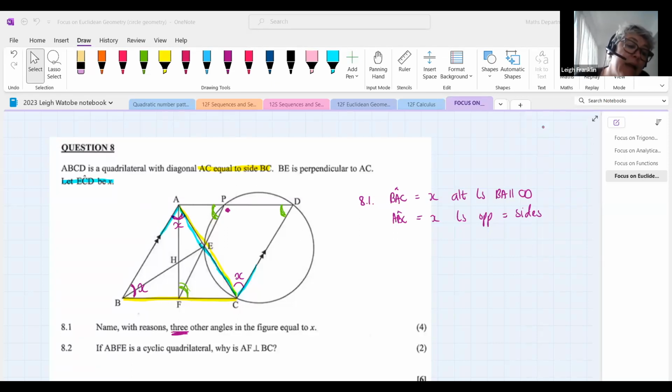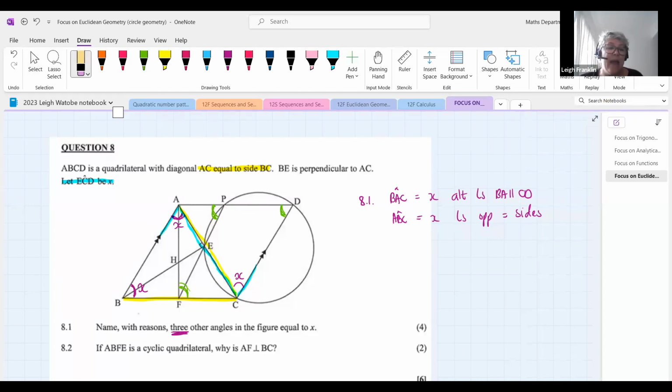We know that line AB is parallel to line CD, but we don't know that line FP is parallel to either of those. So that, unfortunately, is not going to work in this situation. So let's eliminate this one.